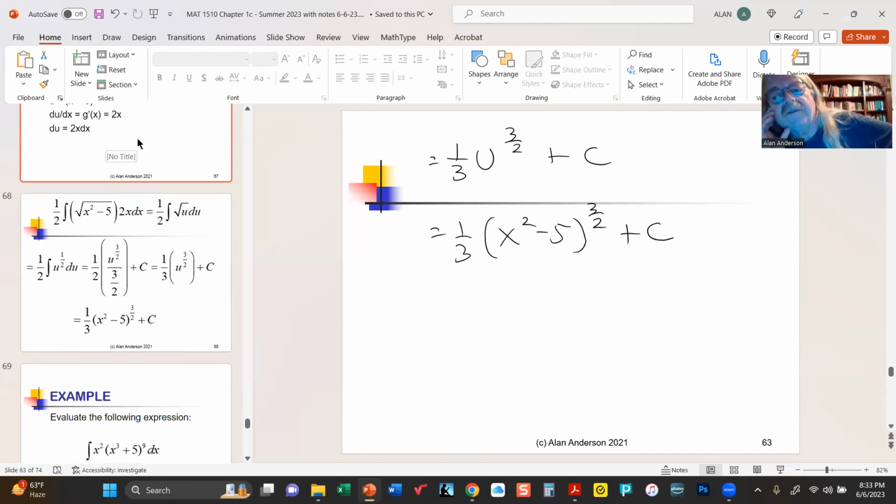If your du is missing a variable, that's a different matter altogether. You can't just substitute one in there. Don't try to, for example, multiply by x and divide by x. That doesn't work. But if it's just a constant, then that's what you need to do, this technique. We're calling it substitution with alteration, meaning that you're tweaking it a little bit to make sure that your du works correctly.